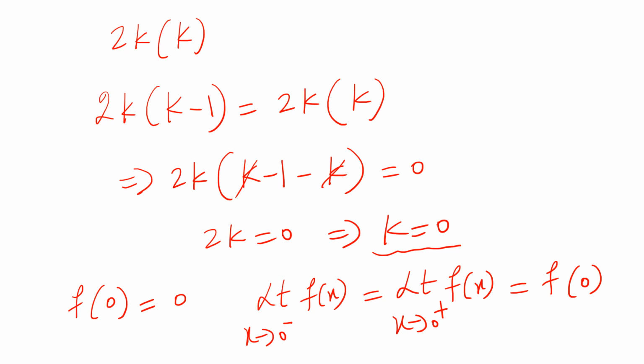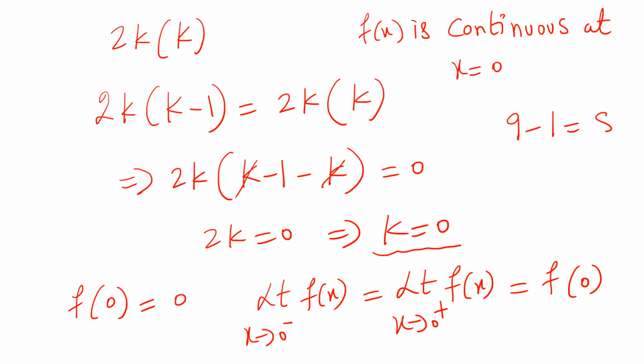So clearly the function f(x) is continuous at x = 0. That means there are 9 minus 1 or 8 points of discontinuity for the function f(x) in the open interval minus 10 to 10.